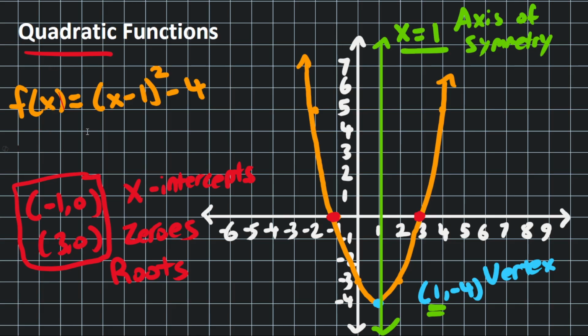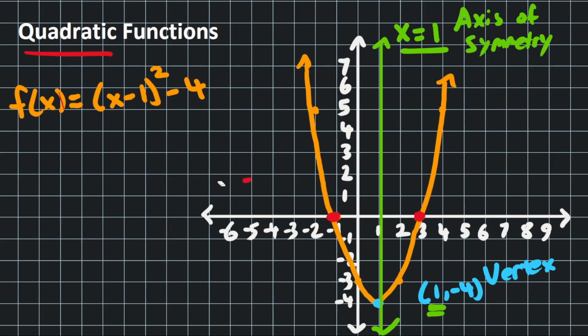So f of x, as we could see right here, is written in this form, x minus 1 squared minus 4. But let's go ahead and expand it. We can tell that x minus 1 squared is a binomial squared. If you expand that, it comes out to x squared minus 2x plus 1.